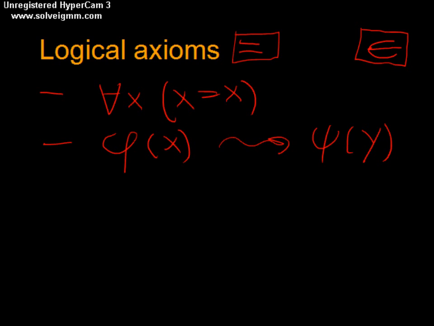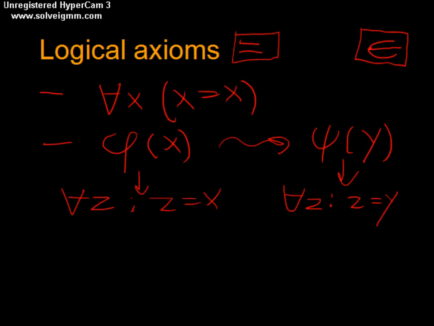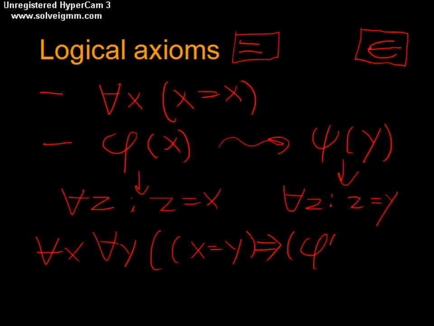For example, if we have for all z, z equals x, if this is our phi x, then psi y is for all z, z equals y. Now the axiom says for all x and for all y, we have the following. If x equals y, then phi x must be equivalent with psi y.